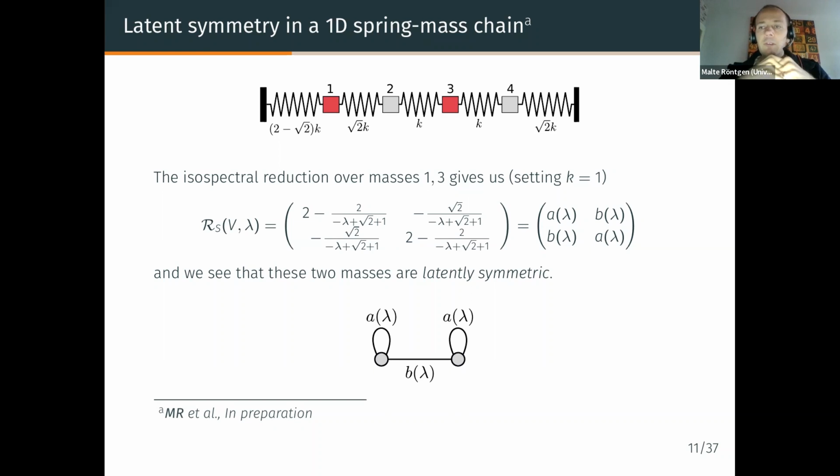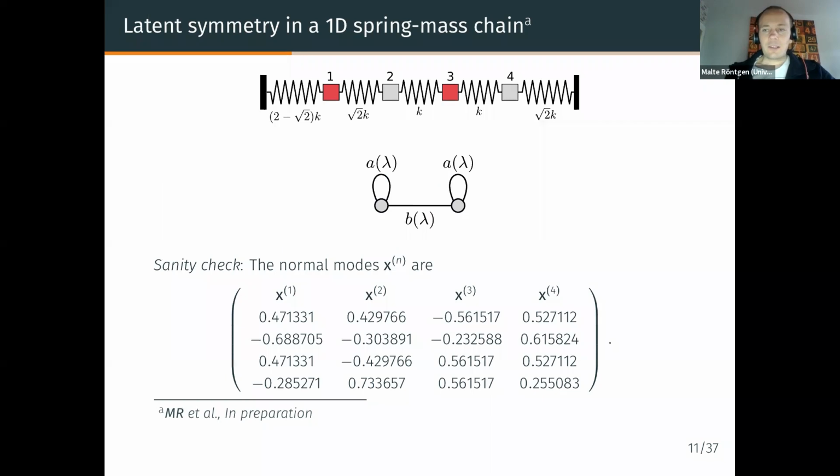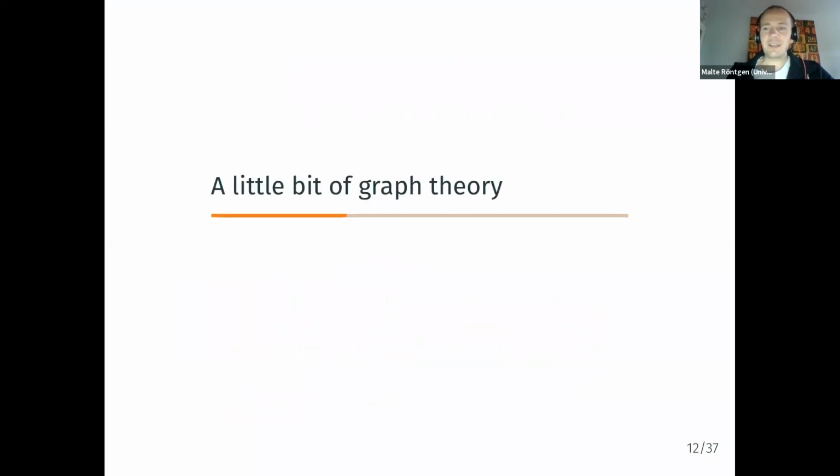So our aim was to derive something like a construction principle, maybe not for these spring mass systems, but for some easier setups. And yes, this brings me to the next part. So we have to go to graph theory again. And the aim of all of this is to derive some rules which we can use to build a latently symmetric setup.